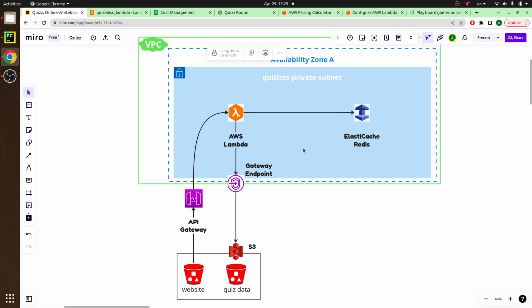So this design can still be utilized, and there are plenty of applications that I could implement in this serverless manner.